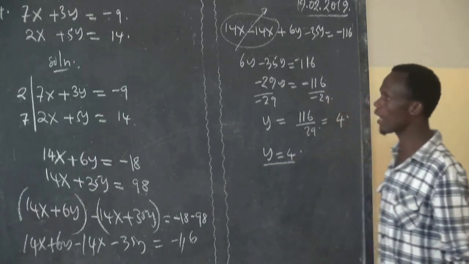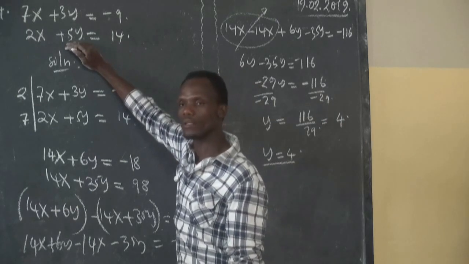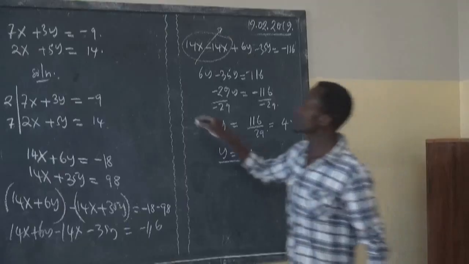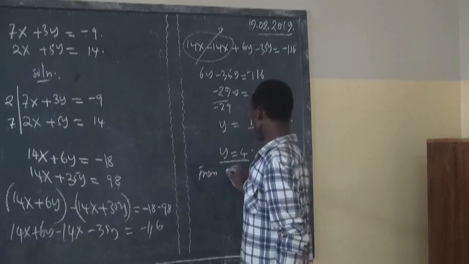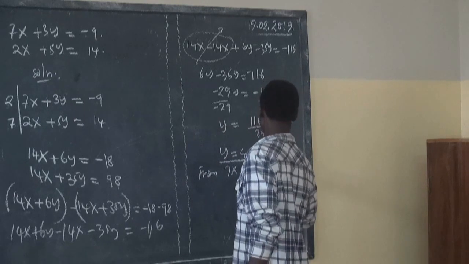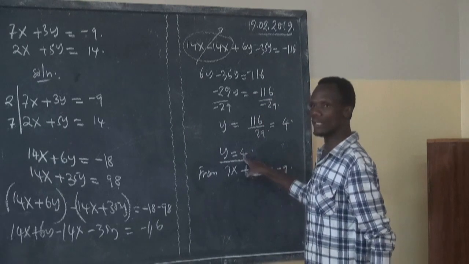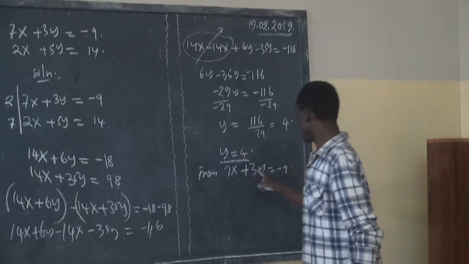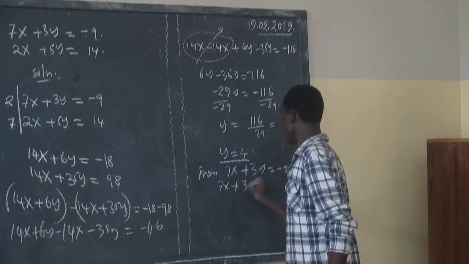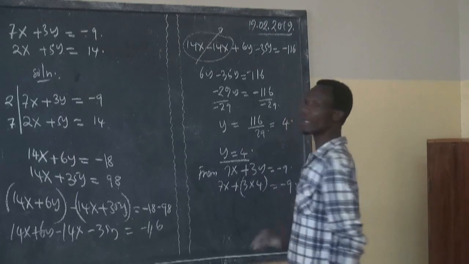After you have got the value of y, you choose one of the equations. You understand? Whether this one or this one. We have 7x plus 3y is equal to negative 9. From here, the value of y is 4. Now we say 7x plus 3 times 4 is equal to negative 9.